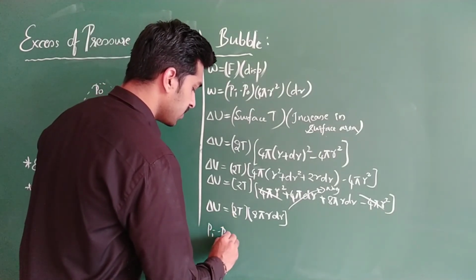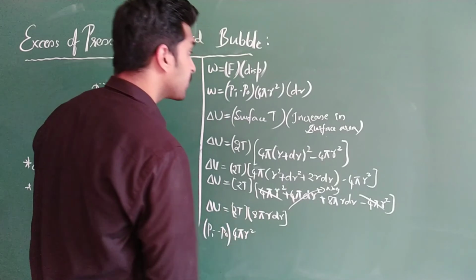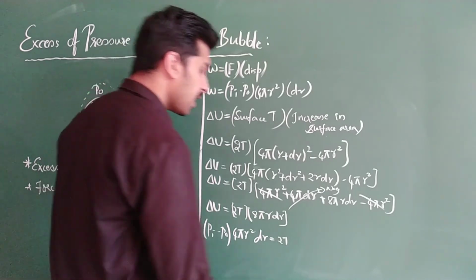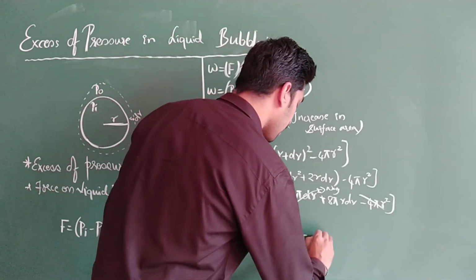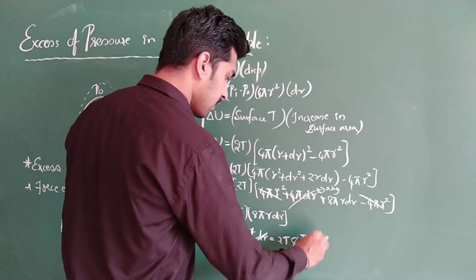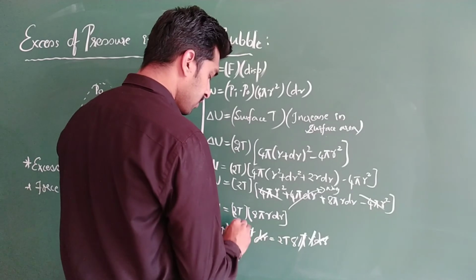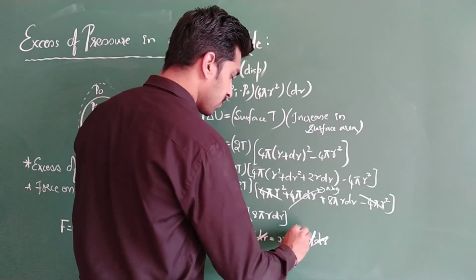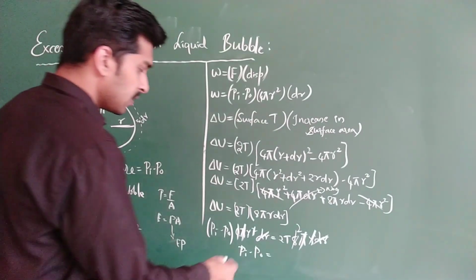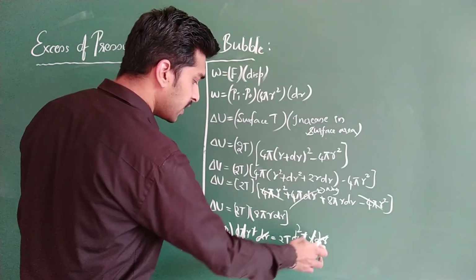Pi minus P naught into 4 pi R square into dr is equal to 2T into 8 pi R dr. Here, in 4 pi R square, pi will cancel, and dr cancels, and one R cancels.